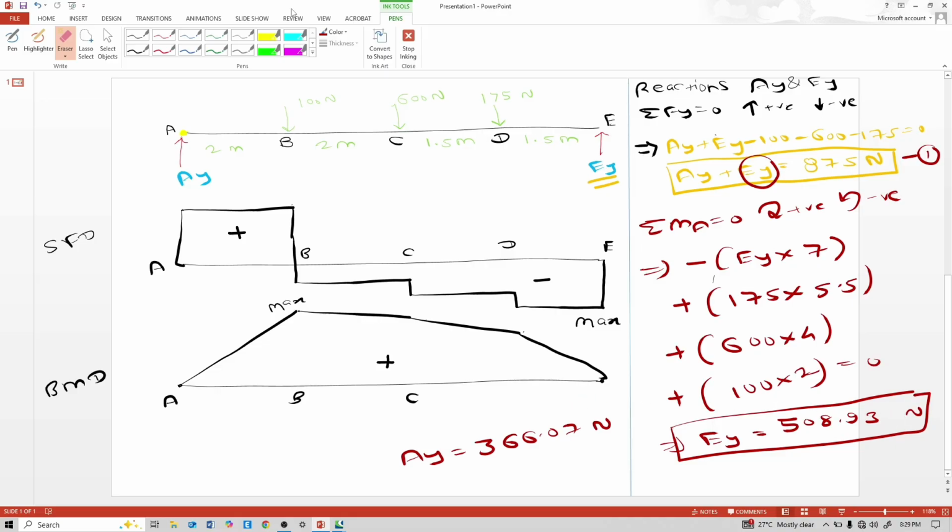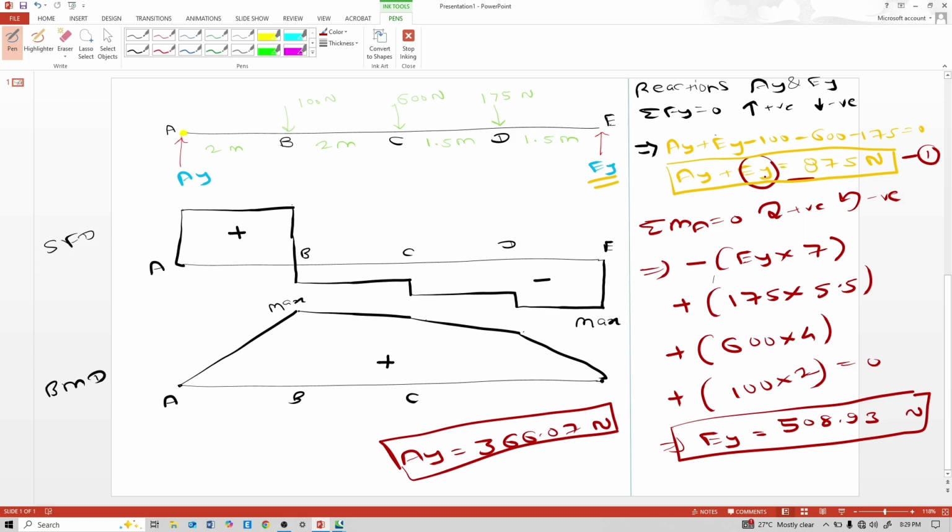So how do you confirm that our AY and EY reactions are correct? See, this AY plus EY is equal to 875 Newton. This 100, 600, 175 Newton load acts on this beam and reactions AY, EY. So every action has an equal and opposite reaction.